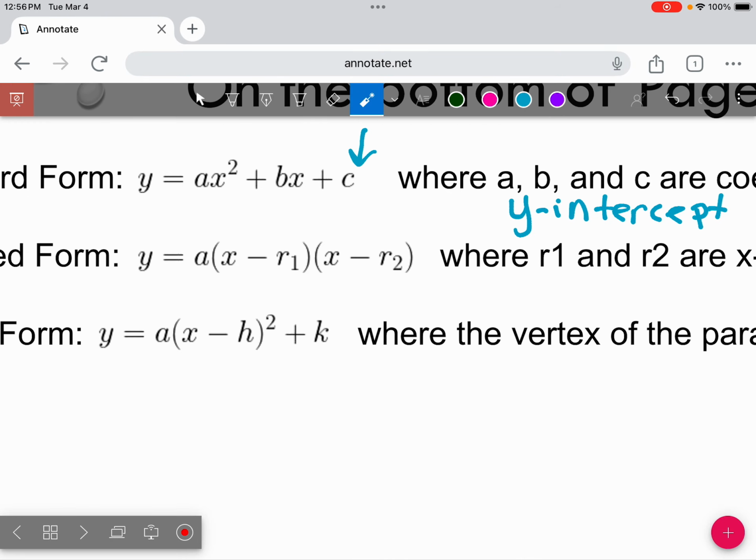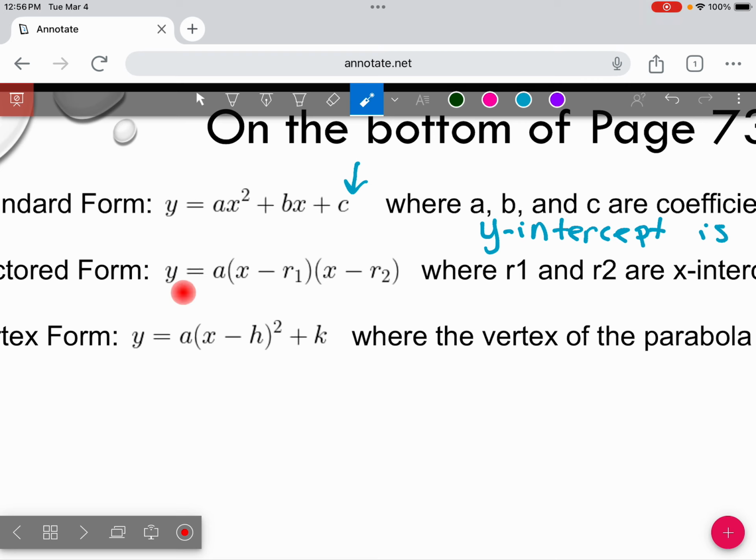Then we have our factored form next. That's this guy here, where we have y equals a times x minus R1 times x minus R2. Sometimes we'll see it that way. Sometimes we'll see it with R and S. Sometimes we'll have it with P and Q. Doesn't really matter what the letters are. It's going to be any kind of variable there, or any term. And all it is, these two pieces, the R1 and the R2, or the R and the S, or the P and the Q, whatever the pieces are, those are our intercepts.